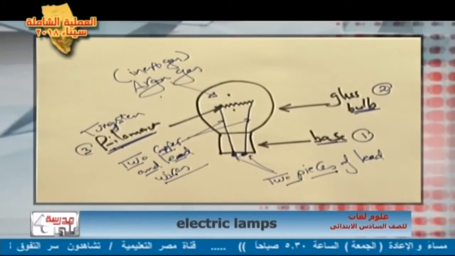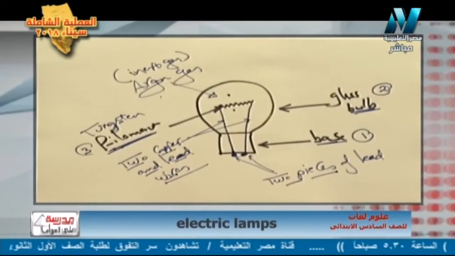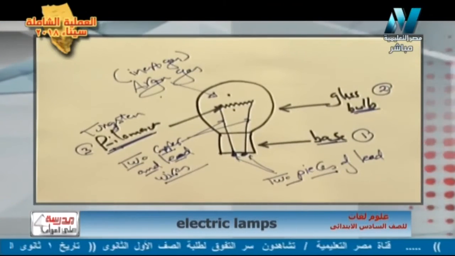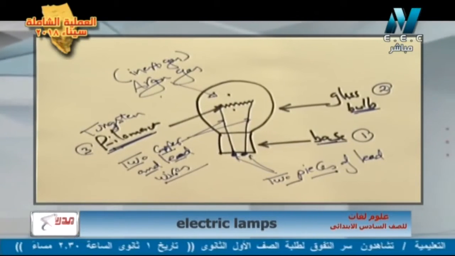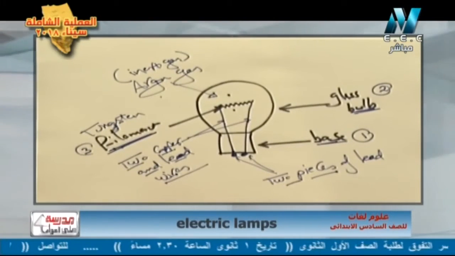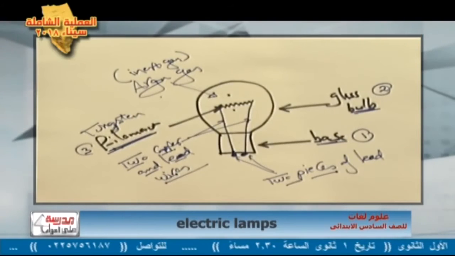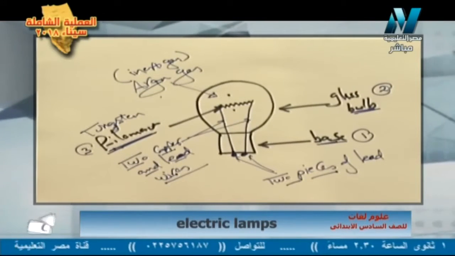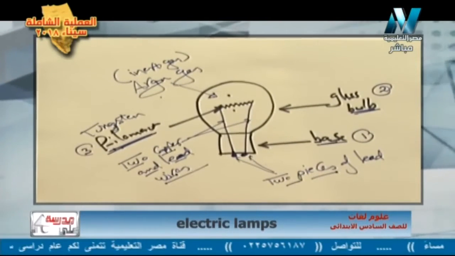No, because none of them has a high melting point such as tungsten. So the filament is made of tungsten specifically because it has a very high melting point, so it withstands, and it will increase the lifetime of the light bulb.